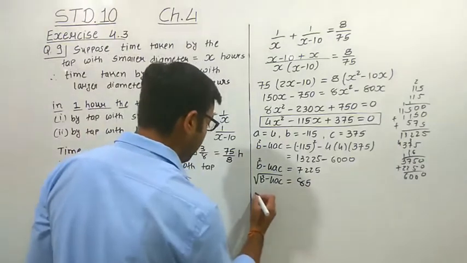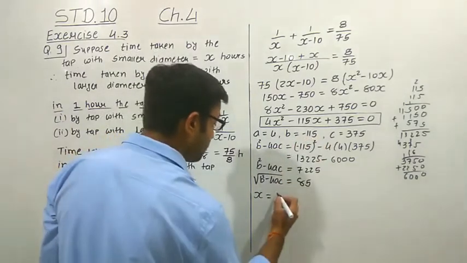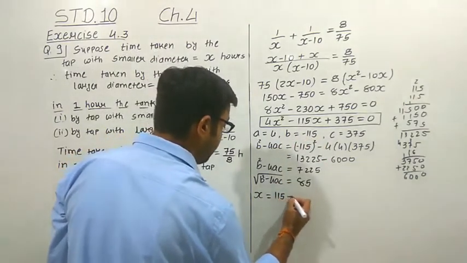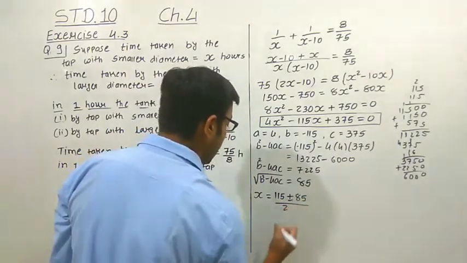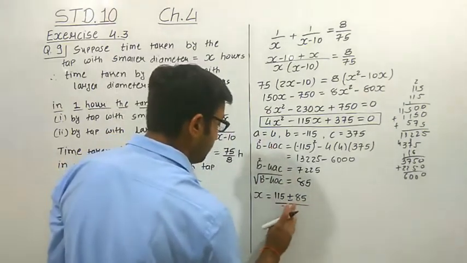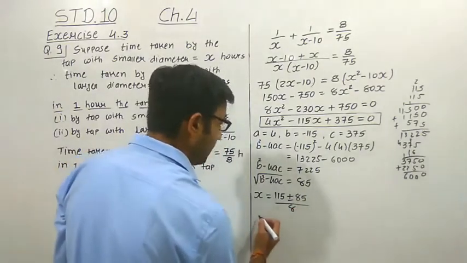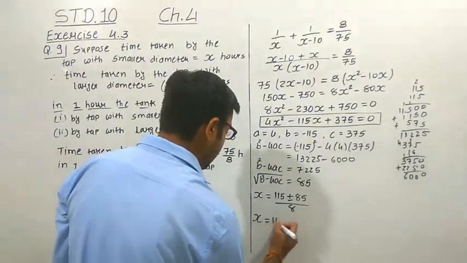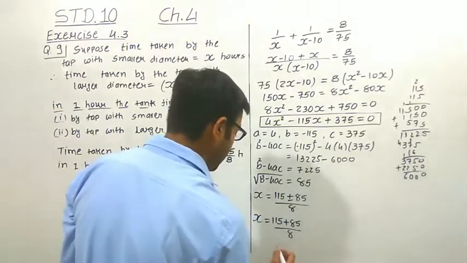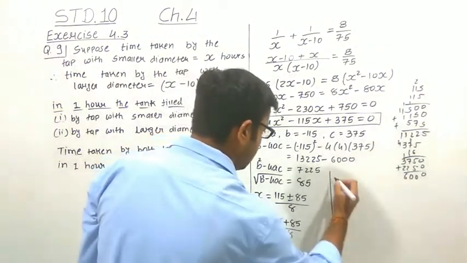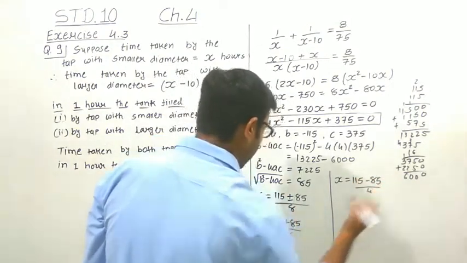Now according to the quadratic formula, x is equal to minus b, that is minus of minus 115, so we get the positive value 115, plus minus the square root of b square minus 4ac, that is 85, upon 2a. So 2 into 4 is equal to 8. Now two values we can put here: x is equal to 115 plus 85 upon 8, and the second value is x equal to 115 minus 85 upon 8.